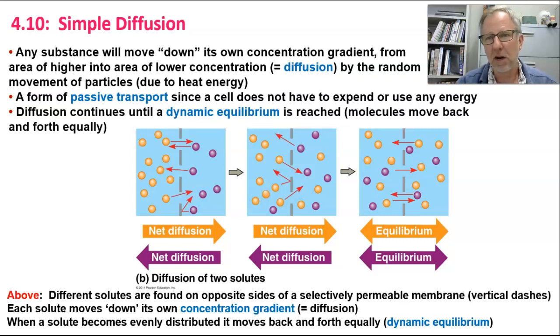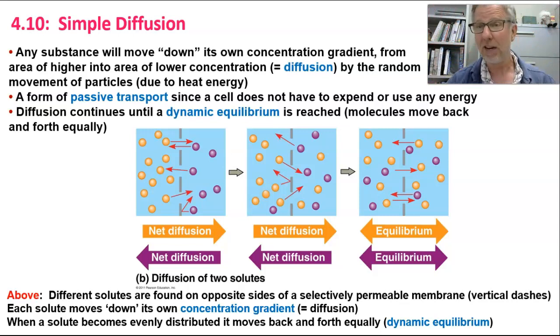Come back after about 30 minutes, take a look, and you'll see that the dye is spreading out in the water. It's spreading out from where it's more highly concentrated, that drop of dye that was put in there, to where it's less concentrated. And if you come back an hour later, you'll see it spread out even more.